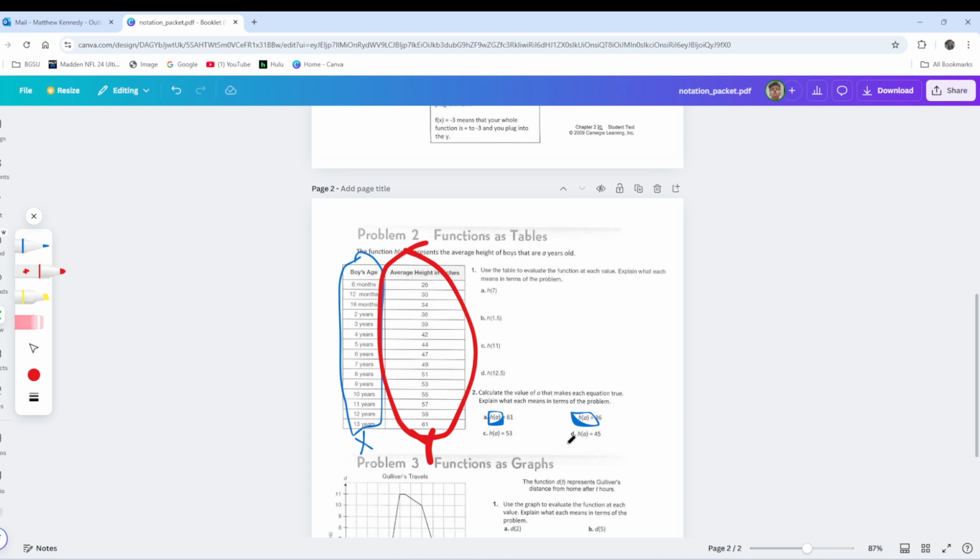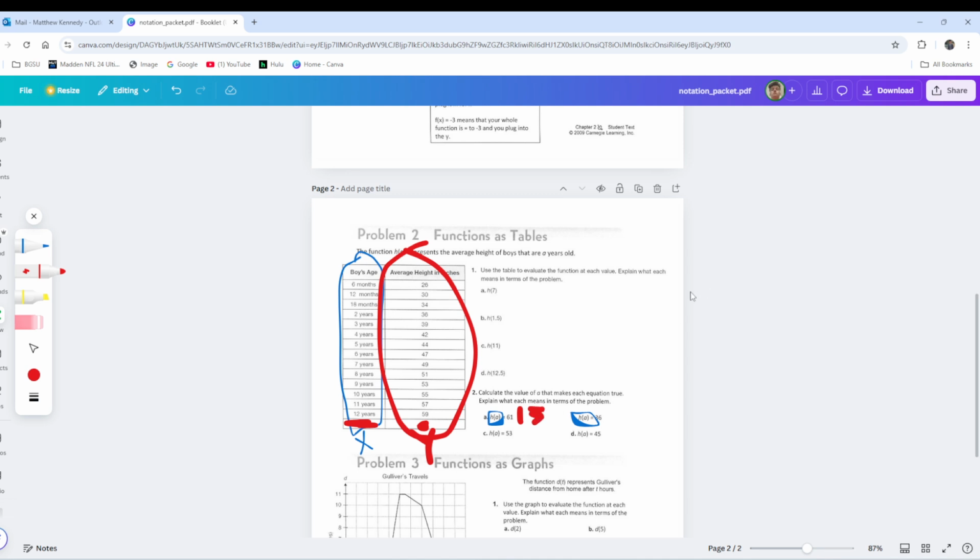Then if it says y equals 61, you go to the table, see where y is 61, right there. I then go over, 13 years is my x. So 13 would be my answer right here.